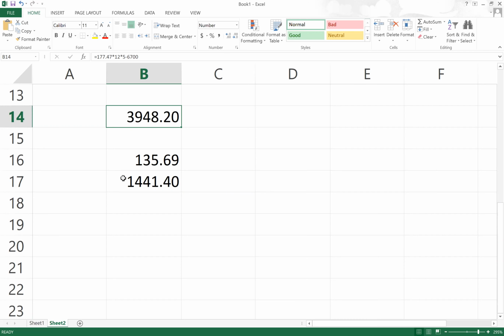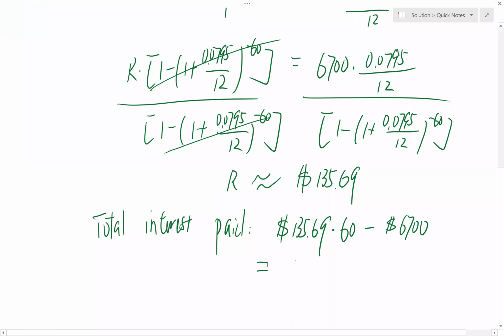Right? You're saving yourself $2,500 over 5 years. So every year you're saving approximately $500. Okay. So if you go back here, it's $1,441 and some change. Let's see, 40 cents.